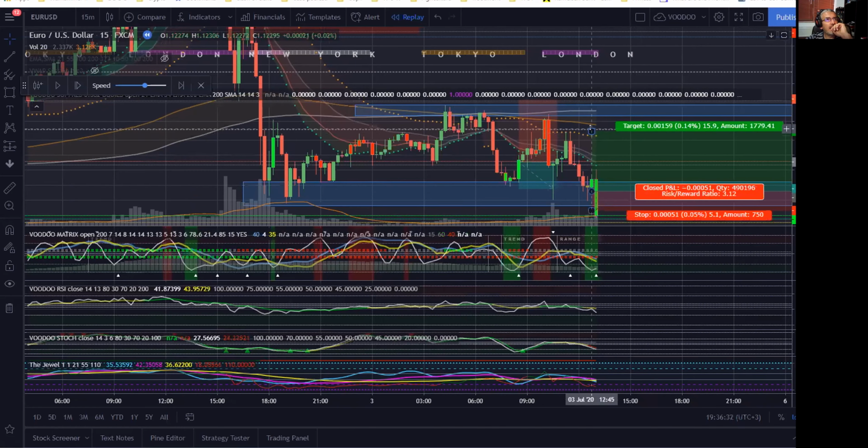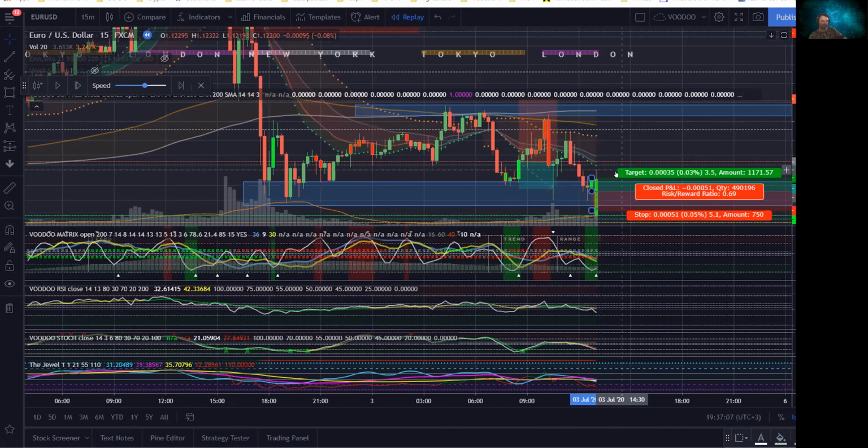I exited it, looking at the 5 minutes, something like this because the 5 minutes was in the critical upper zone, and my thought process was, okay, if the 5 minutes is in the critical zone and we went up just this, I'll just close this in profit, and on the 5 minutes I'll enter again because probably we will go back again here. And it did this. So if I had left the trade, it would have been a loser.